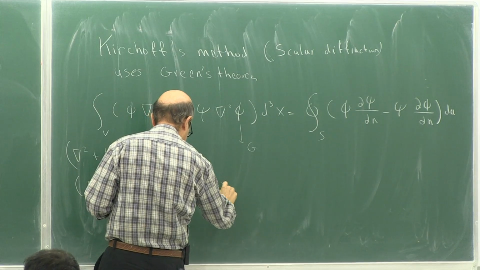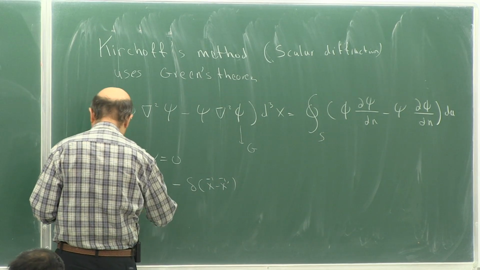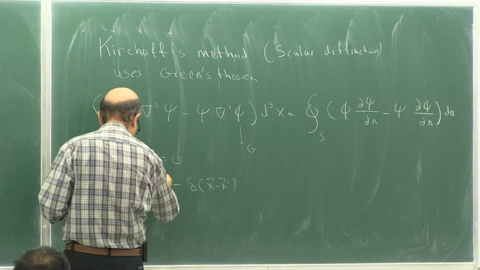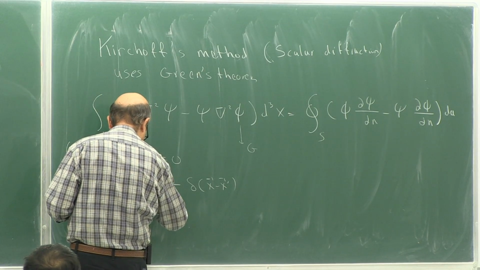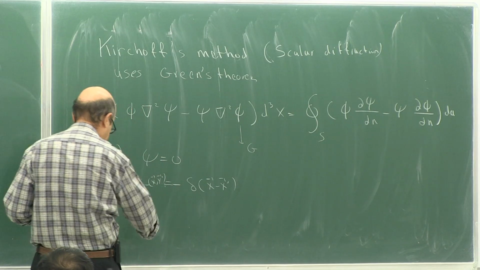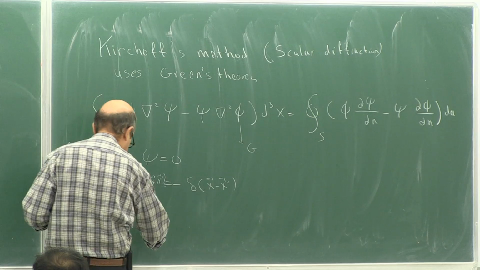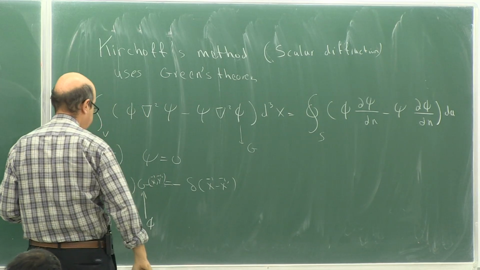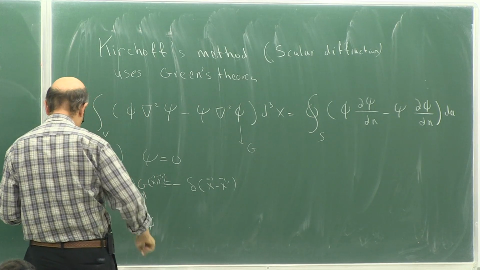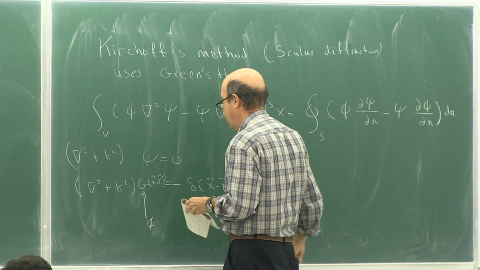Say you have a point-like delta function, and the solution is the Green's function, which depends on x and x prime. So call the Green's function phi, and the solution of the wave equation psi.